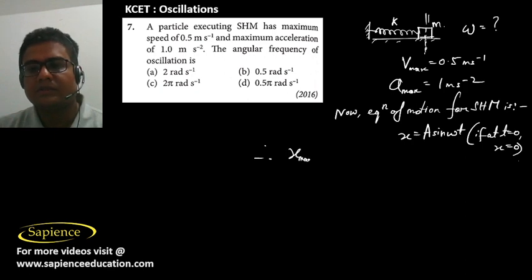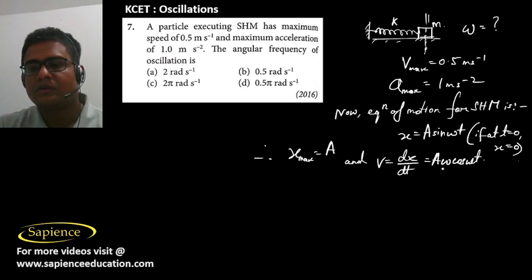The maximum value of x is obviously the amplitude, and we know that v is equal to dx by dt, so that will be equal to a omega cos omega t. Therefore the maximum speed of the system will be equal to a omega, where a is the amplitude.